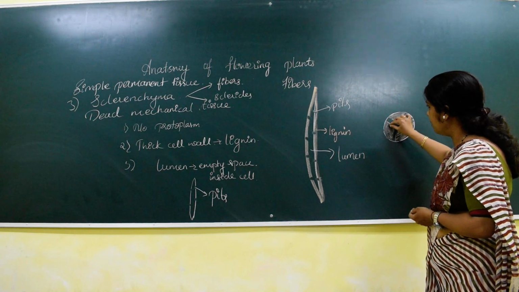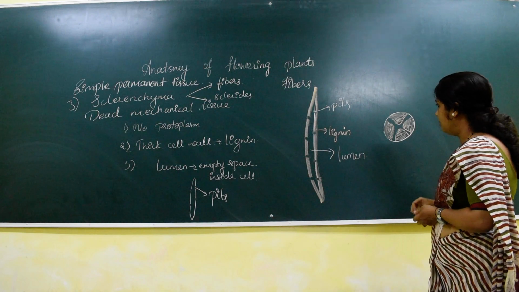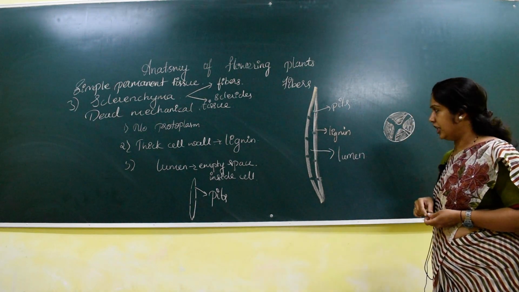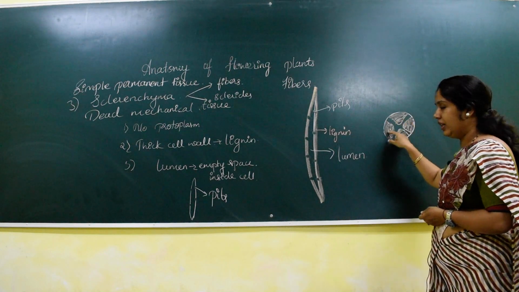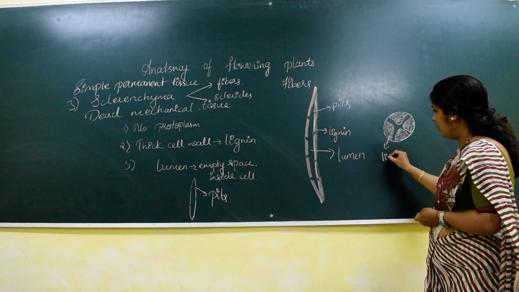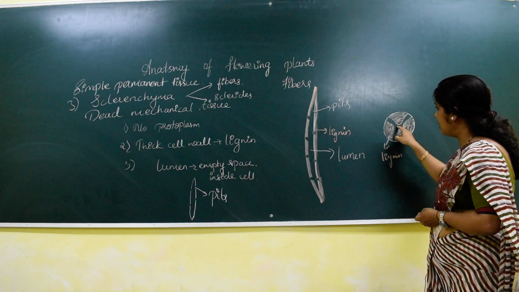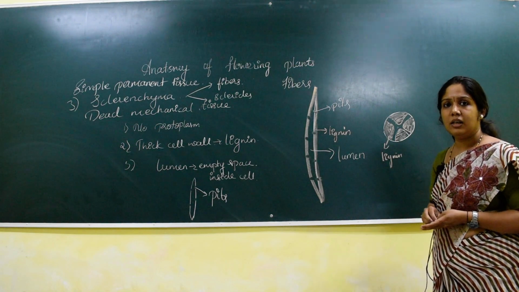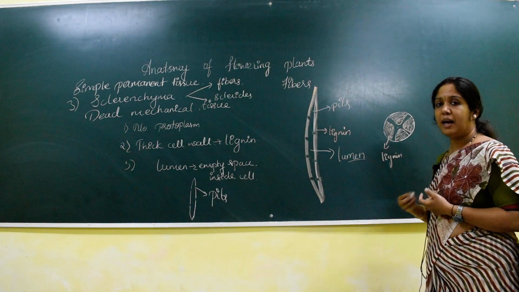It is a brachysclerite. Brachysclerites are sclerites which are generally oval or spherical in shape. Whatever thickening I have done is lignin deposition, and you can see the cavity inside is very minute, or sometimes even the lumen is absent.